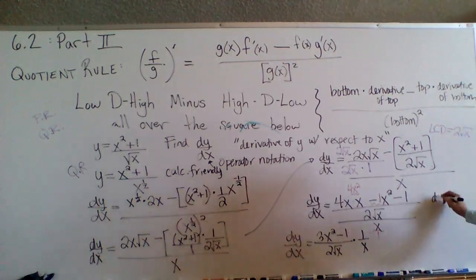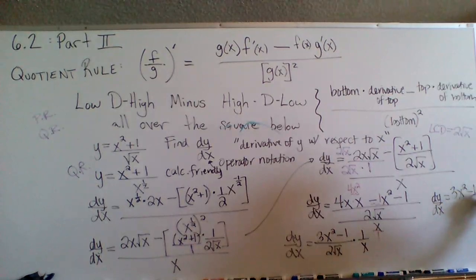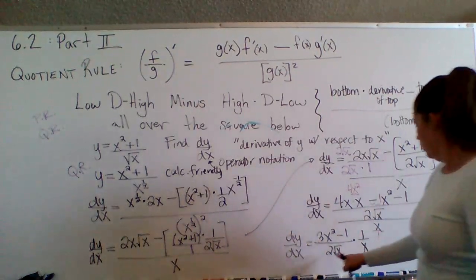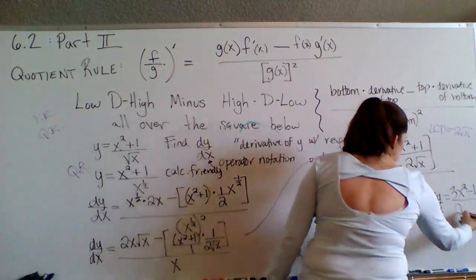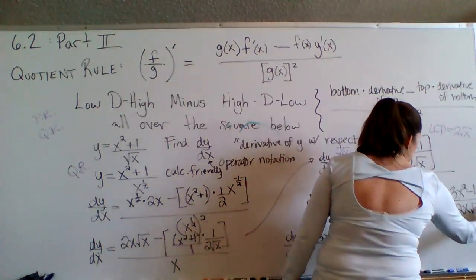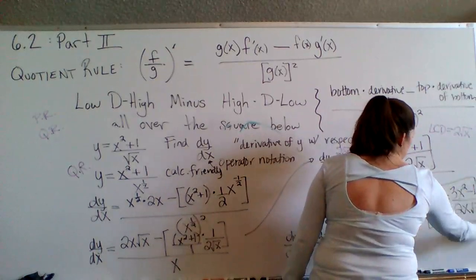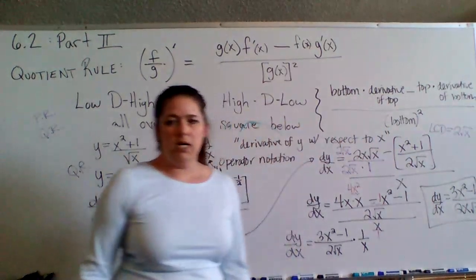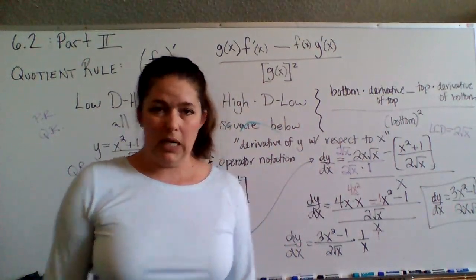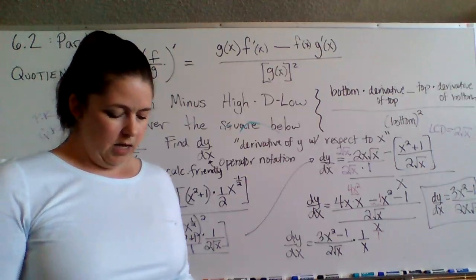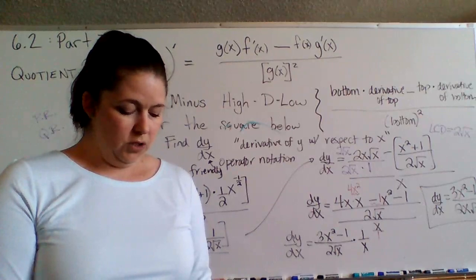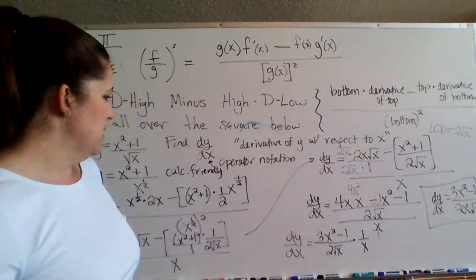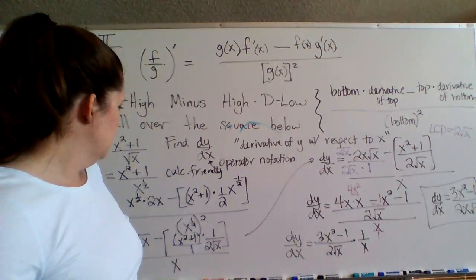So I'm down to dy over dx equals 3x squared minus 1 over 2 times x, maybe pull that in front, times the square root of x. And that would be my derivative of y with respect to x. It's the same thing as thinking about y prime, or the derivative. They all really mean the same thing.